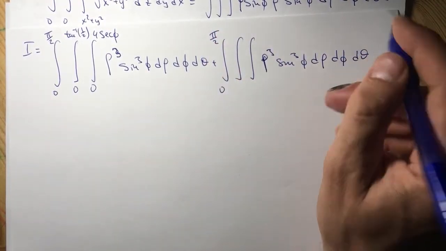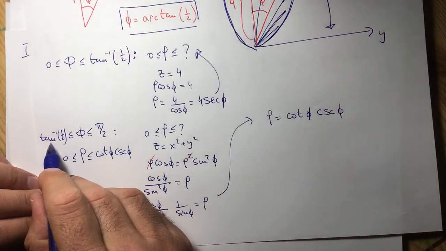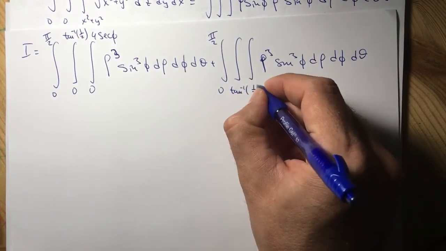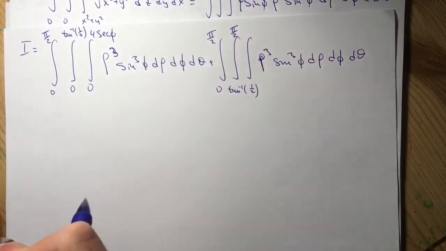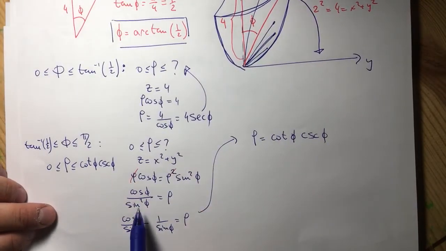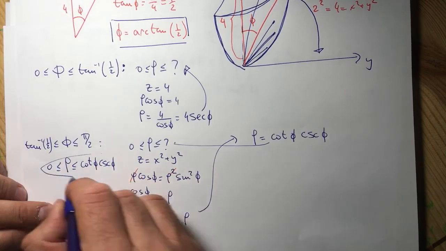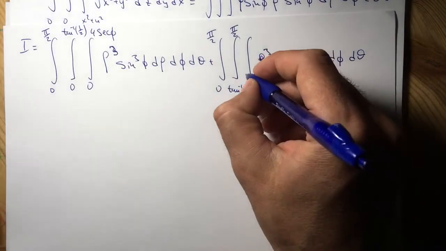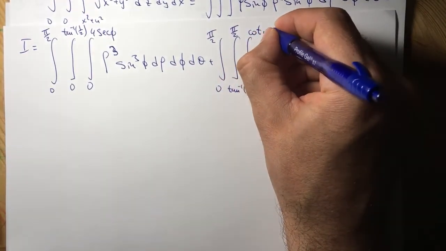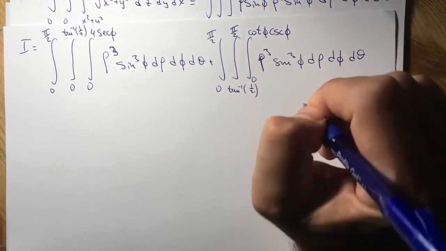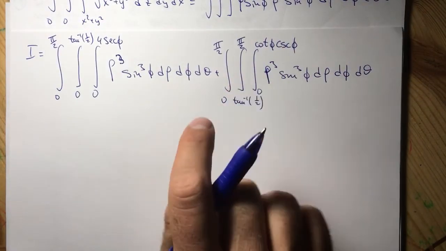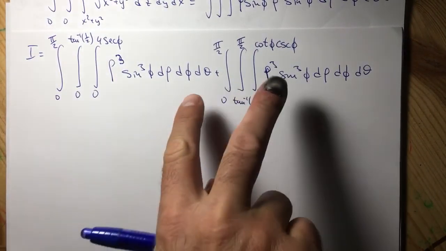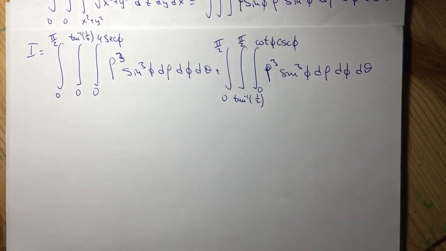But now when phi is between arctangent of 1/2 and pi over 2, we calculated that rho goes from 0 to cotangent of phi, cosecant of phi. So this is our integral. This is this integral expressed in spherical coordinates. As you can see, it was necessary to split this integral into two triple integrals.